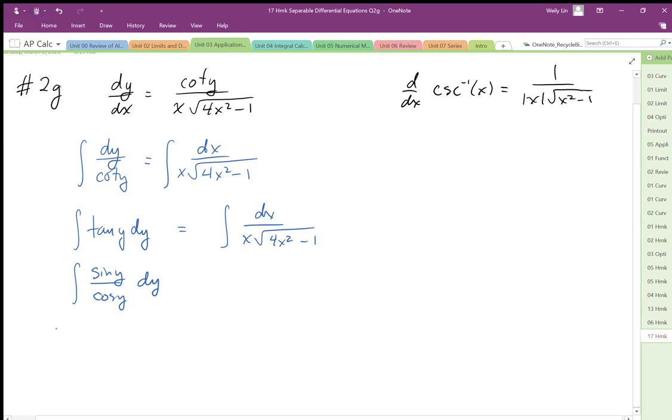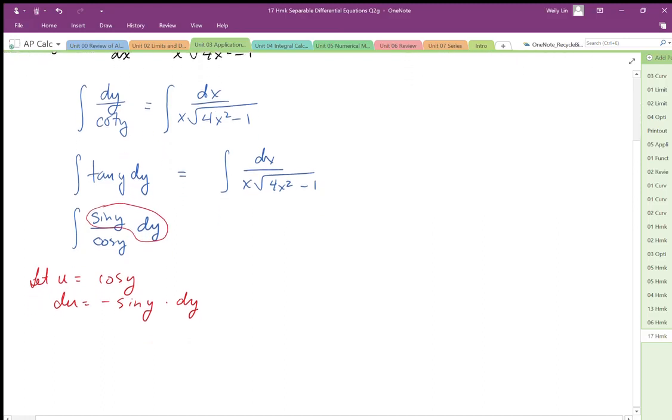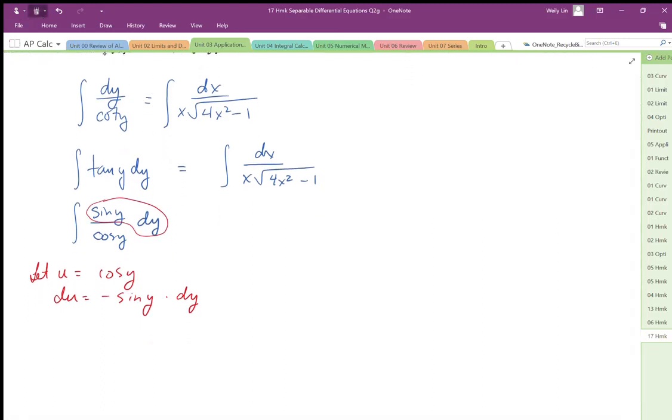So I'm going to let u equal cos y. Then du works out to be negative sine y times dy. And there's the piece that I want right there. So when I do that substitution, my new integral is going to look like this.